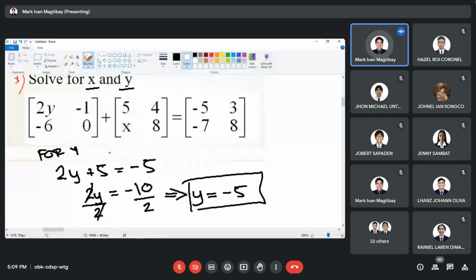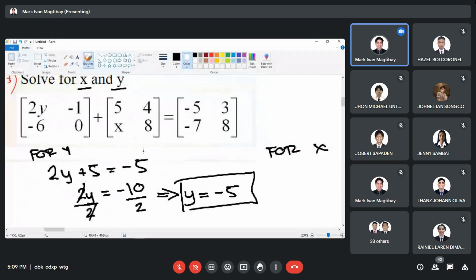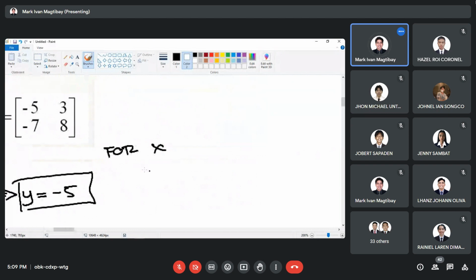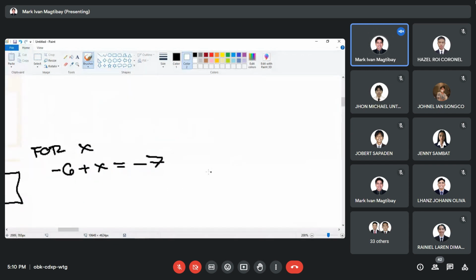And then, paano naman po sa x natin? So, for x, -6 plus x is equals to -7 po. Tama ba? Tama, -7. So, lipat lang natin. So, x equals to -7 plus 6 po.